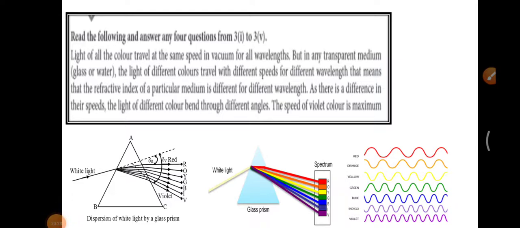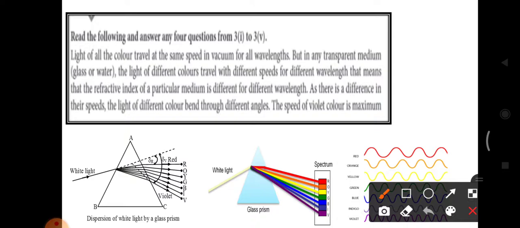As there is a difference in their speed, the light of different colors bends through different angles. You know that with a speed difference, the red makes the least deviation and violet makes the most deviation due to the different wavelength and different speed.